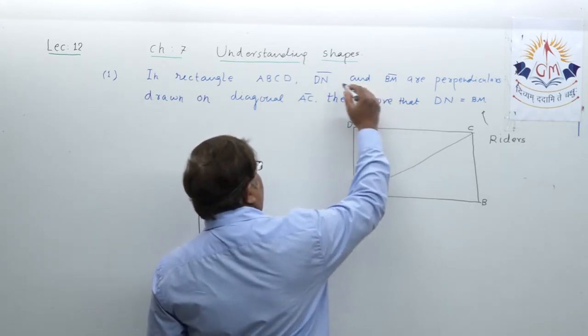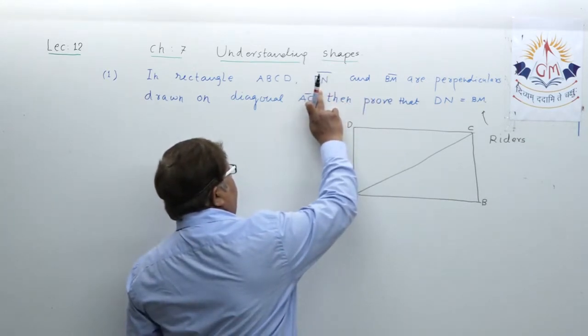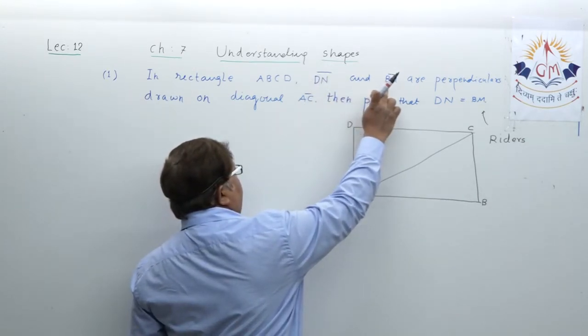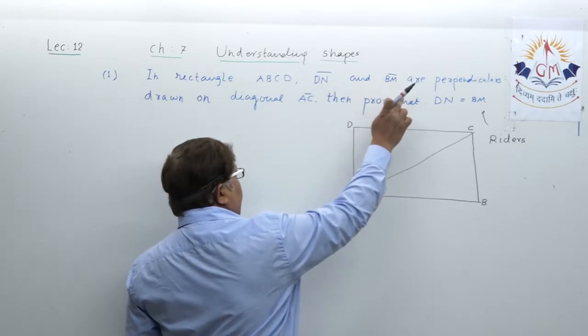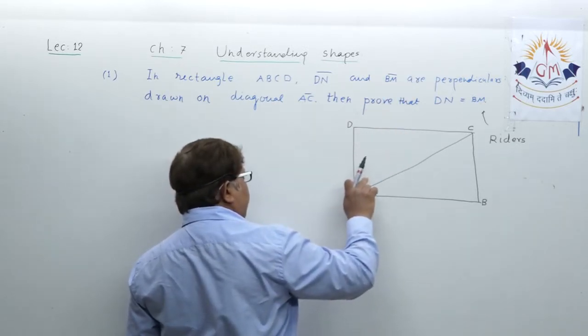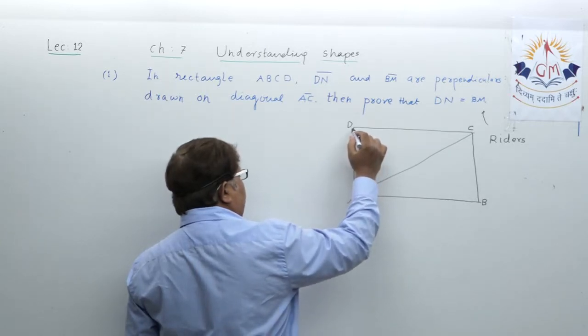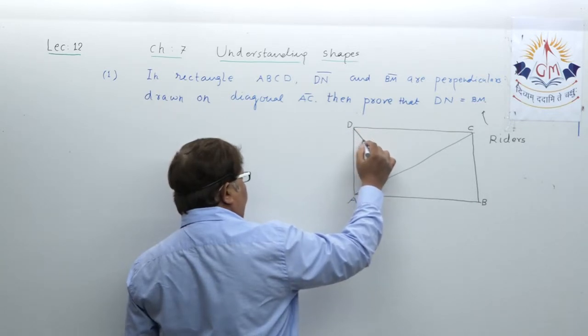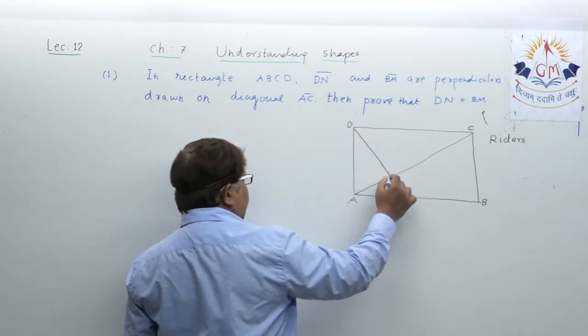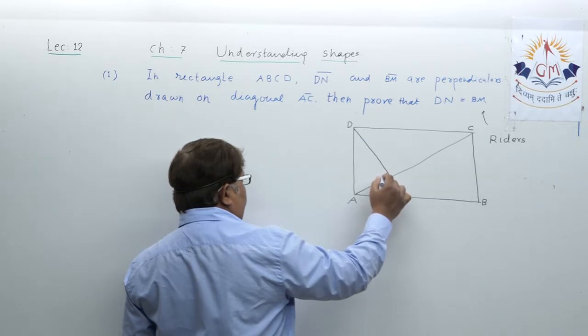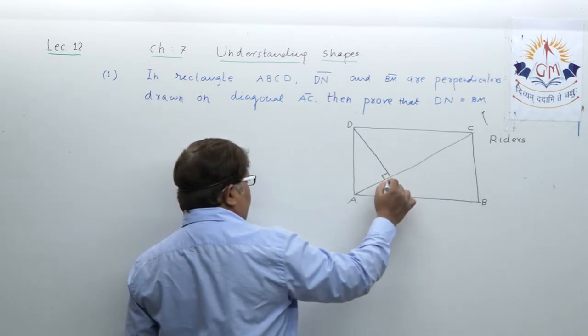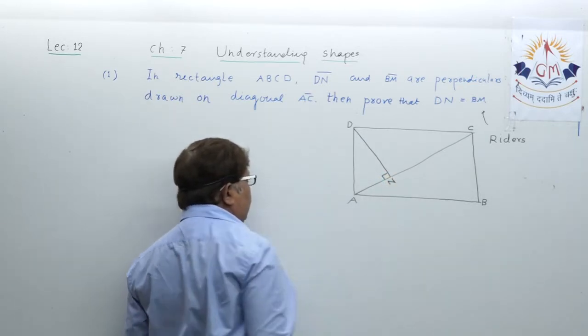Now, dear student, what is said? DN and BM are perpendicular on diagonal AC. Let me show one perpendicular. This is DN, and you should mind one very important thing.